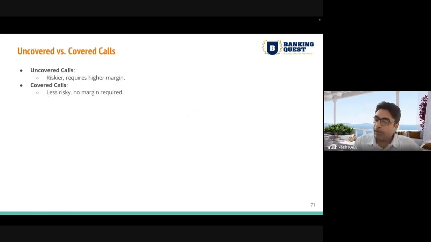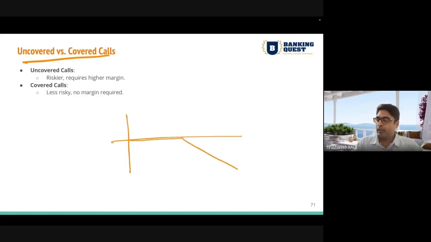Uncovered versus covered calls. Okay. Now, if I just take a short call position, I can make a very large loss very quickly.